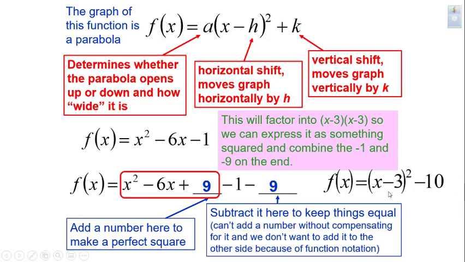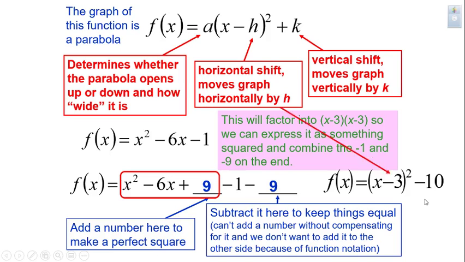And now my function is in vertex form. a is 1, as it was before. The same a that is here is the same a here. h is 3 because remember it's x minus h. So h is 3 and k is negative 10. So this graph is obtained by taking the graph of x squared, the standard graph, shifting it to the right 3 units because h is positive 3, and then shifting the graph downward 10 units because k is negative 10.